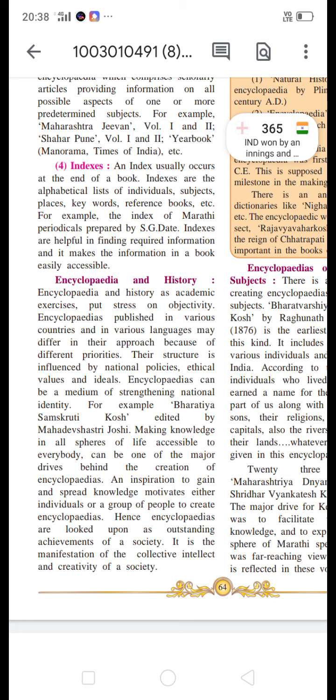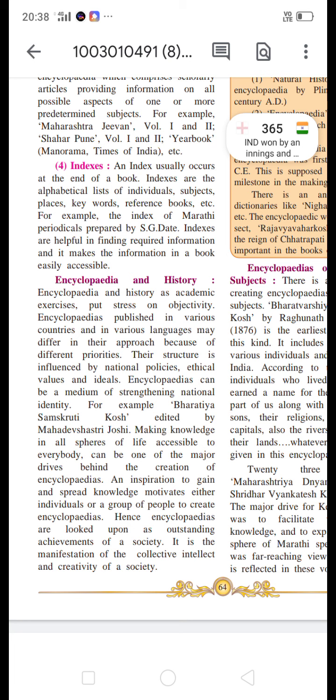Then next, encyclopedias on history related subjects. There is a rich tradition of creating encyclopedias on history related subjects. For example, Bharatvarshiya Prachin Aitihasik Kosh by Raghunath Bhaskar Godbole, 1876.